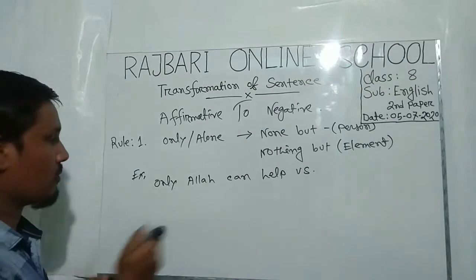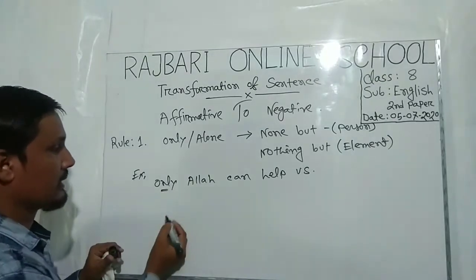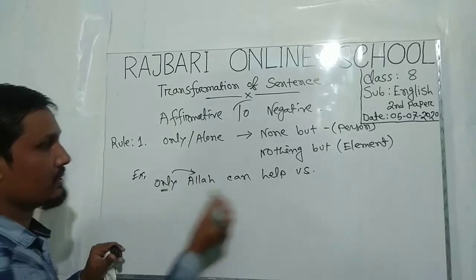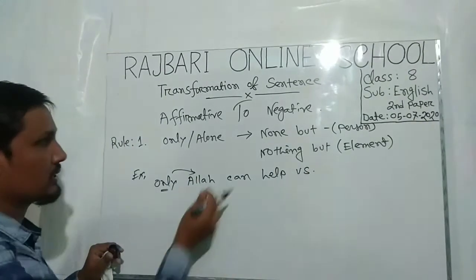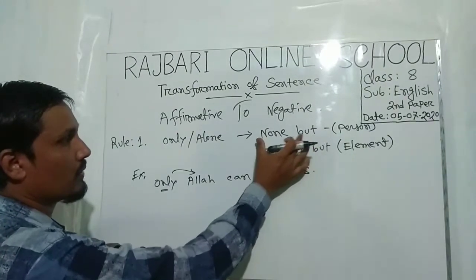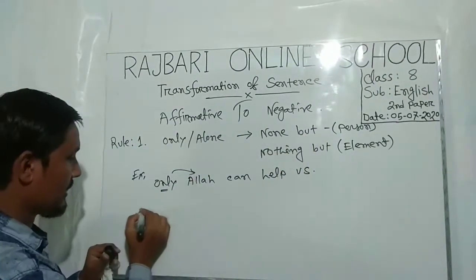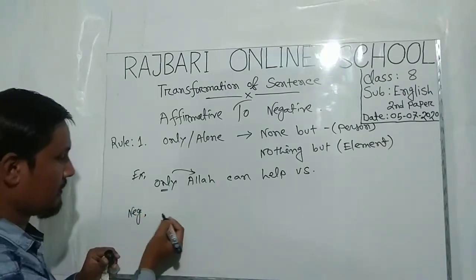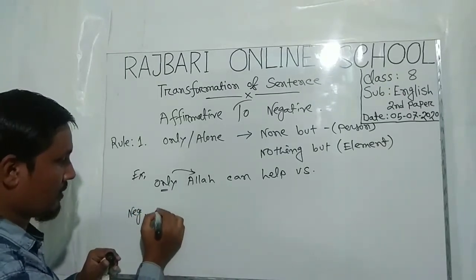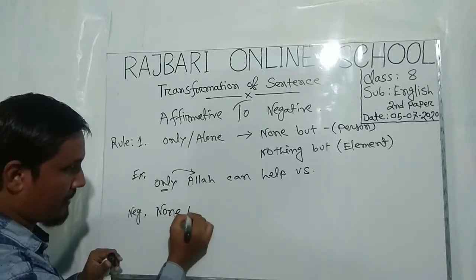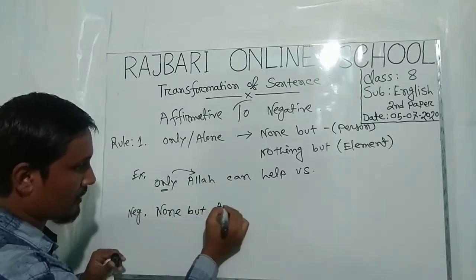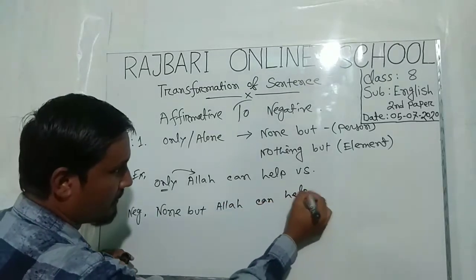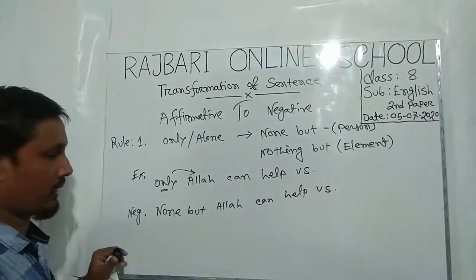In this sentence we get the word only. It is connected with Allah, that is, with a person. For this reason we have to use the rule none but. You have to change it to negative: None but Allah can help us. That's okay.